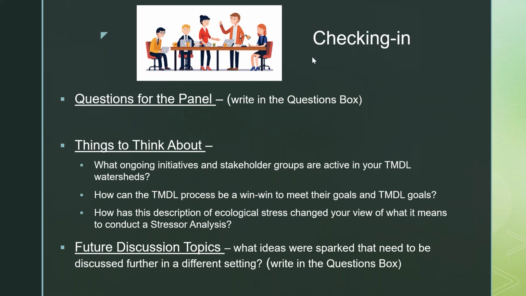And finally, are there ways to account for additive stress in our TMDL models? That's a good question. I think that really we probably try to deal with them one at a time. And if we have multiple probable stressors in a watershed, we develop the TMDL for each of them.